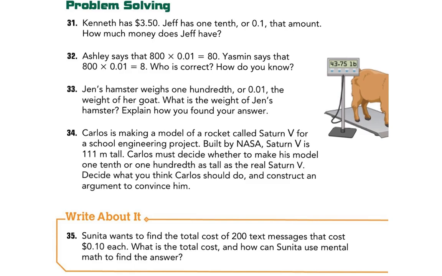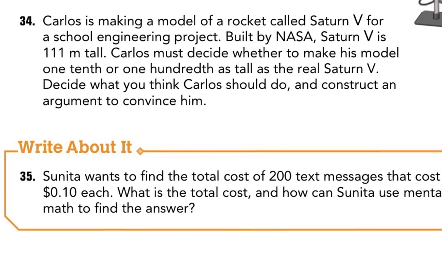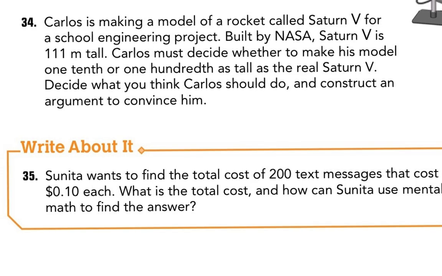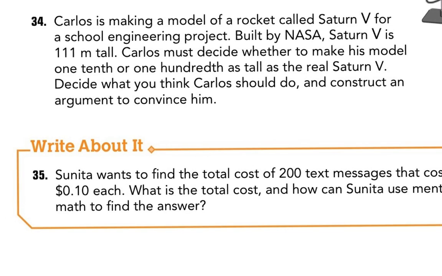If we look at number 34, Carlos is making a model of a rocket for a school engineering project. The actual rocket was 111 meters tall, and he's deciding whether to make his model 1/10 or 100th as tall as the real Saturn V. So decide what he should do, construct an argument.